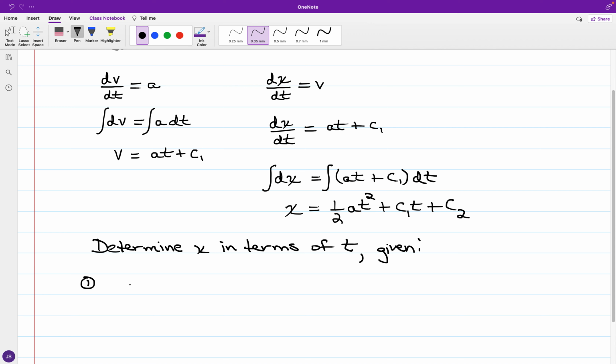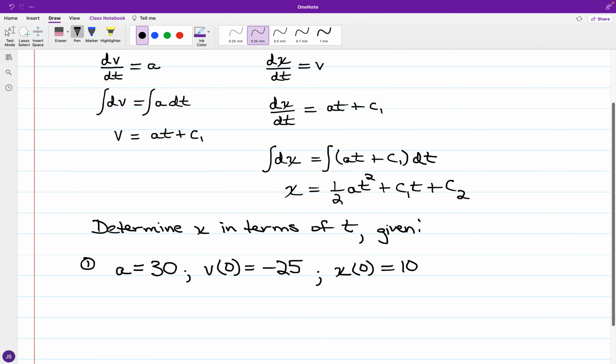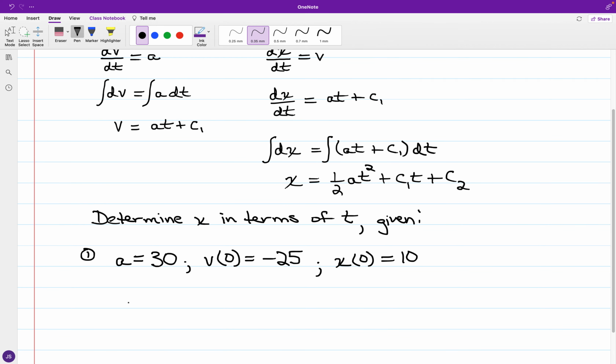In the first case, we'll say that a is equal to 30, v naught is equal to negative 25, and at time 0 as well, x naught is equal to 10.